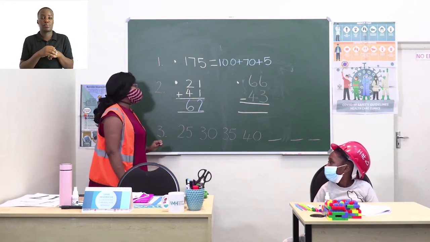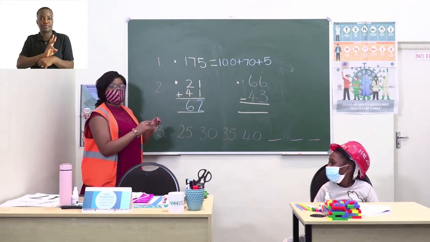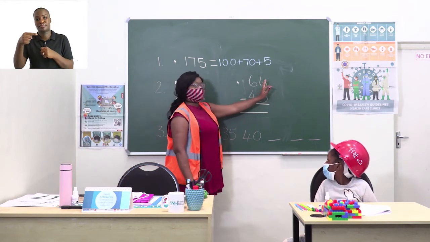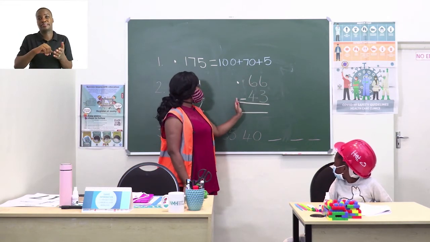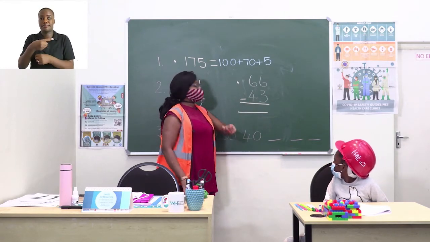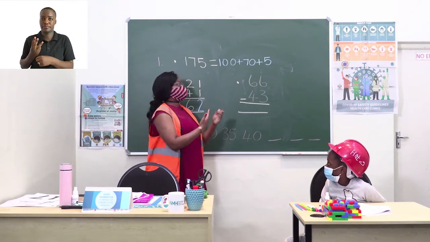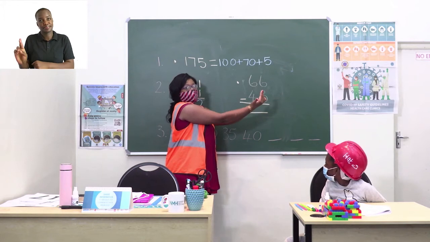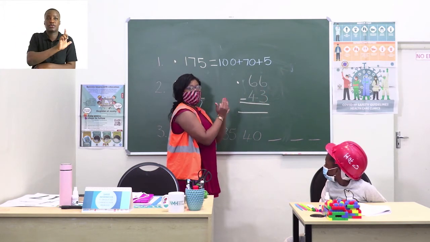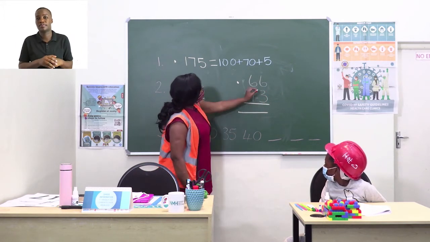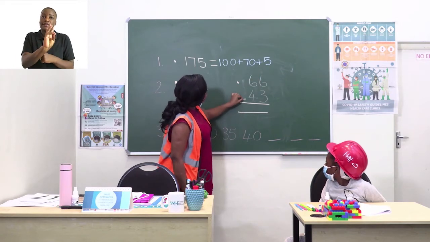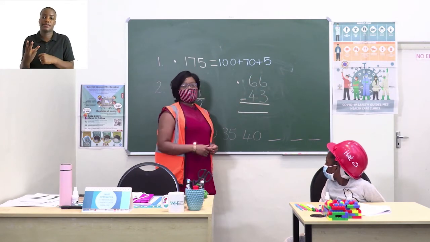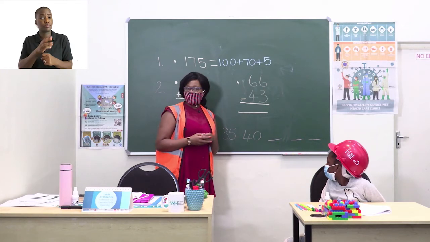Well done. Let us now try a subtraction one. Here we have 66 minus 43. But we are going to start from the right and come to the left. So it will now say 6 minus 3. And we all know what 6 minus 3 is.